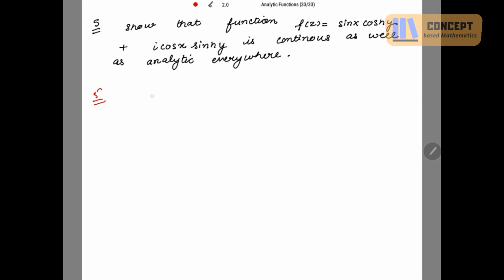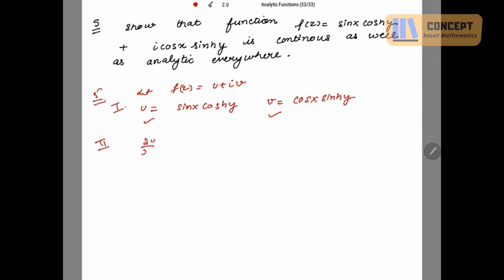And your second part is, okay, I will write this. Let f of z is equal to u plus iota v. Now what is u? This is sin of x cos hyperbolic y. What is v? This is cos of x sin hyperbolic y. Both the functions are continuous, hence the function is continuous. ये तो हो गया first part. Second, your Cauchy equations. What is curly u over curly x?